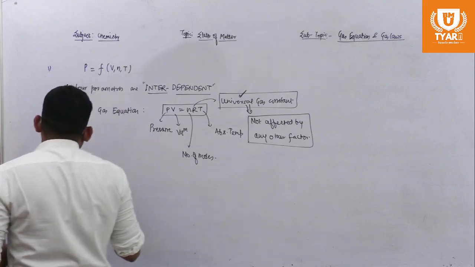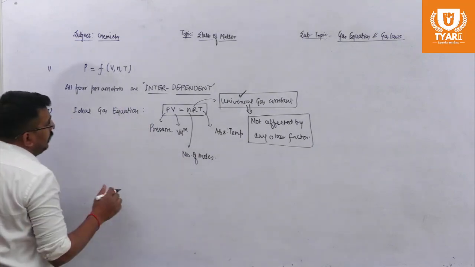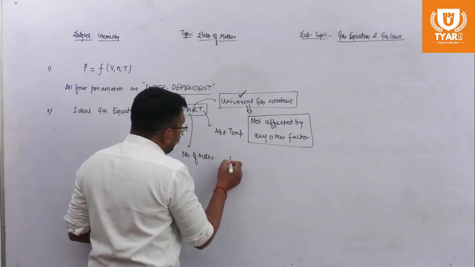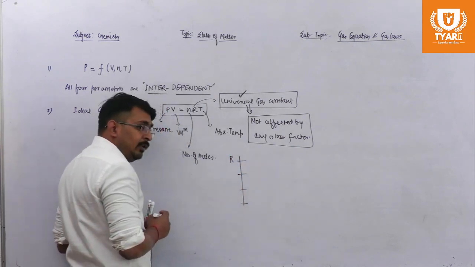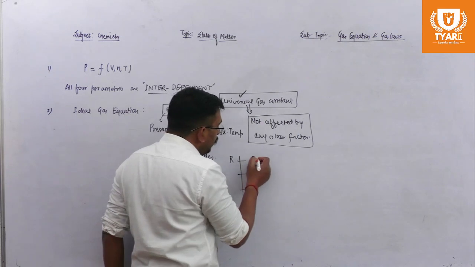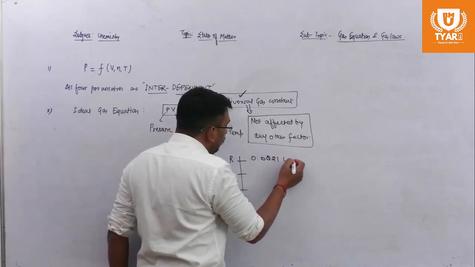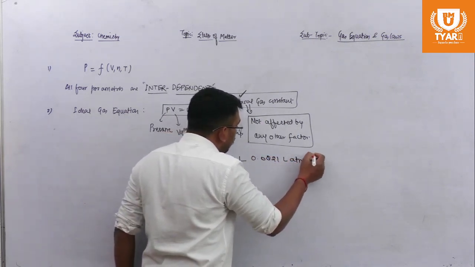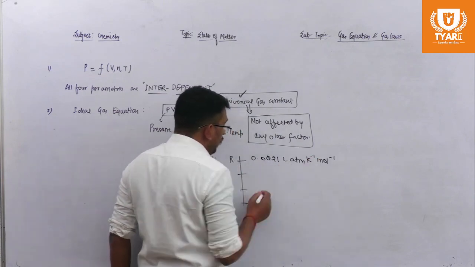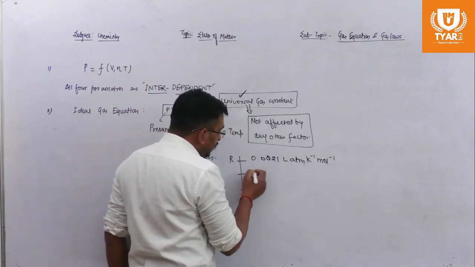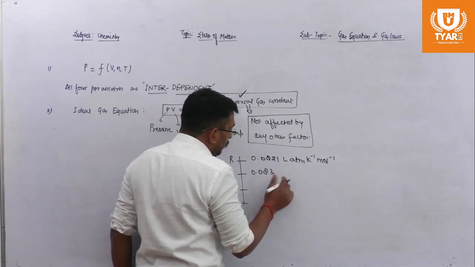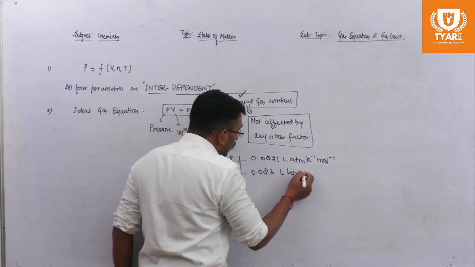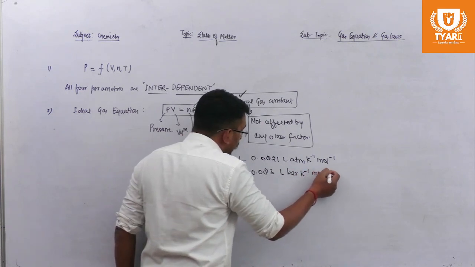Now we need to understand the value of R. I'll give you four values for R. What are those values? 0.0821 liter atm per Kelvin per mole. Then 0.083 liter bar per Kelvin per mole.